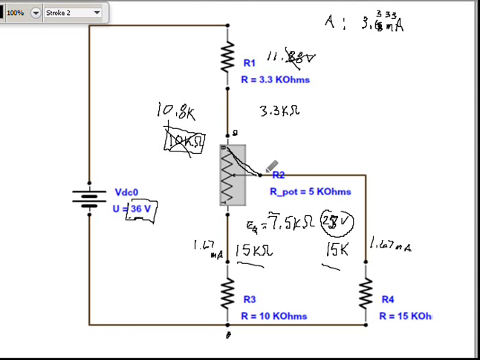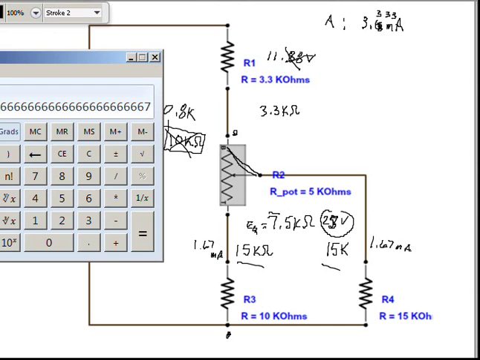And then my voltage drop across R2 will be 5,000 times 0.00167, which is going to equal 8.35 volts.